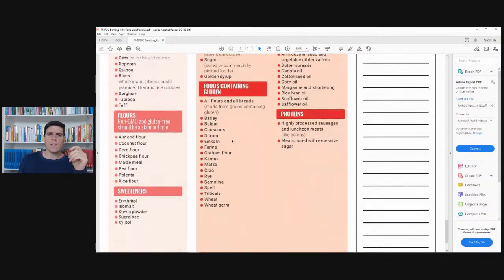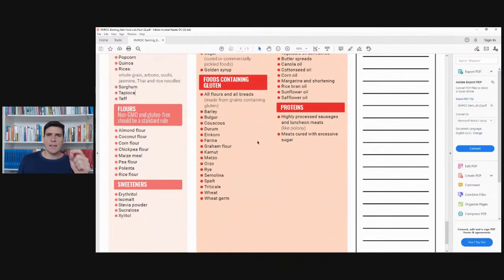Okay. Then foods containing gluten. Banting is a gluten-free diet. That is critical to remember. Oats contain gluten, most oats, instant oats, jungle oats, all different types of oats contain gluten, except for the expensive steel-cut gluten-free oats. So there is one type of oats you can get that doesn't contain gluten.